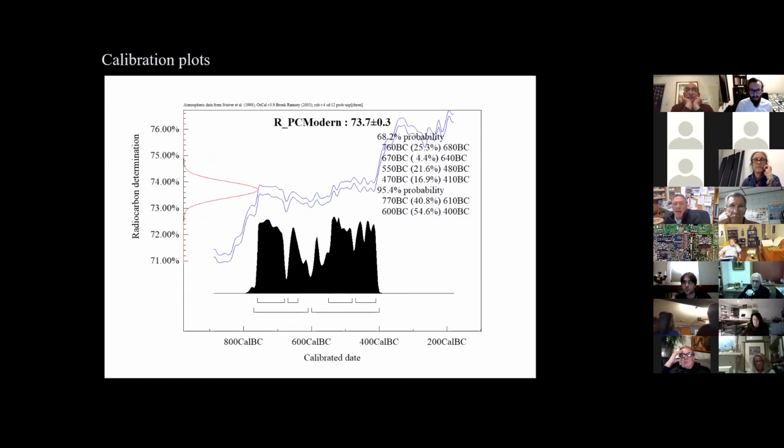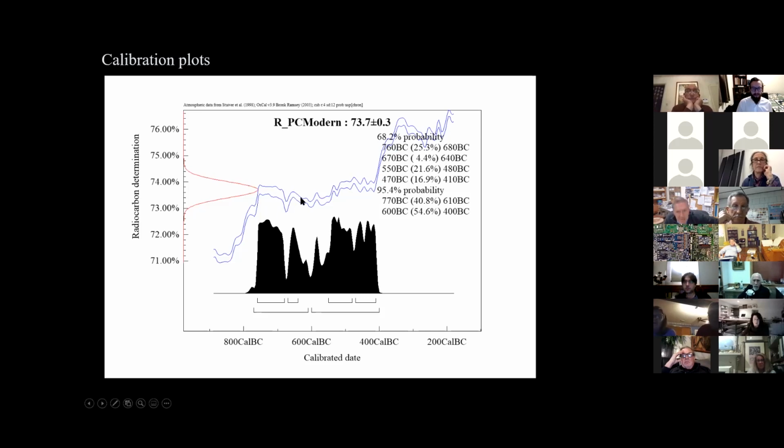And then at other times, when it's a real disaster, and this is a very famous section of the calibration curve from 800 BC to 400 BC, it's a period when the C-14 concentration of organic materials in the environment worldwide hardly changed for 400 years.